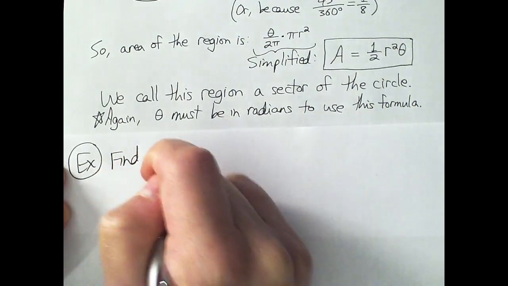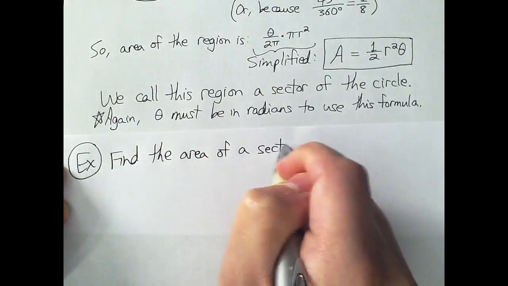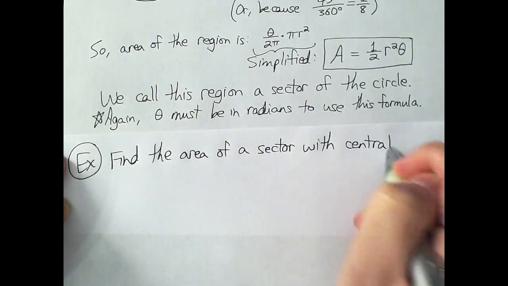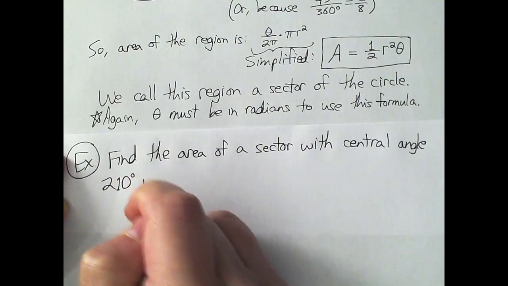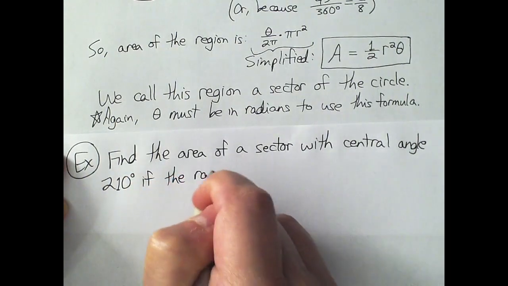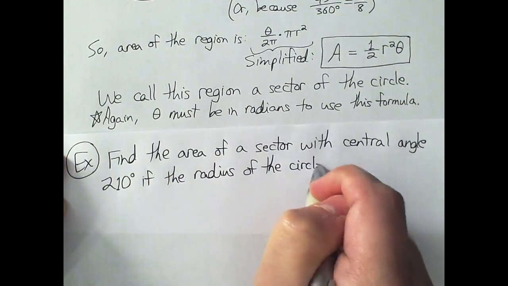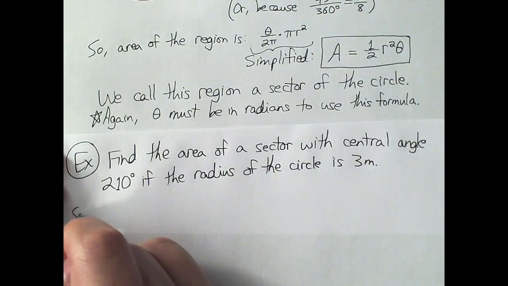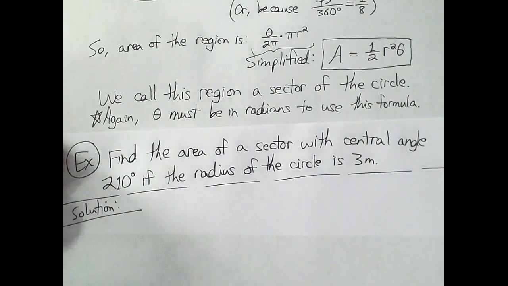So let's find the area of a sector with central angle 210 degrees if the radius of the circle is 3 meters. I'll do this for us. Just give you a chance to see that if you're writing it down.